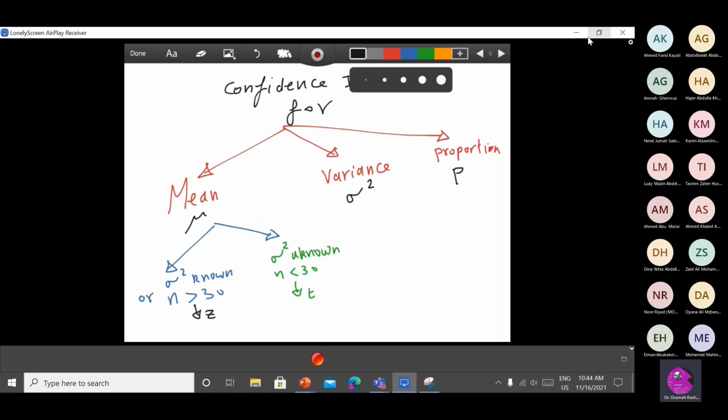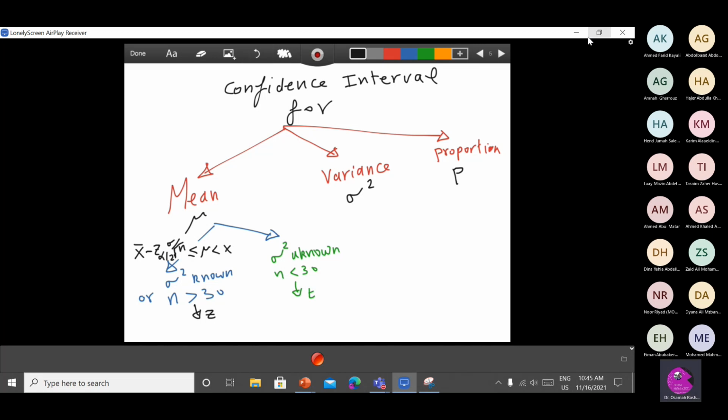Yes, mu bigger than the sample mean minus the z-score for alpha over 2 times sigma over root n. And on the other side, you just change the minus into plus, right?